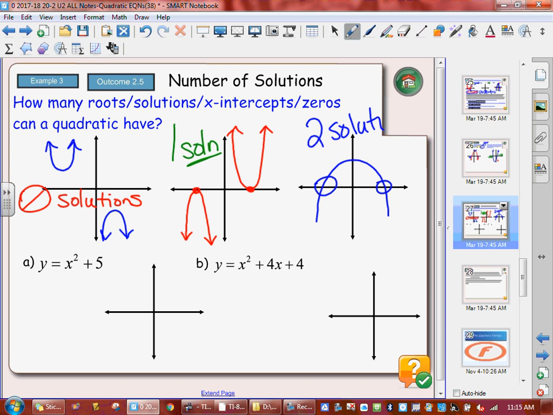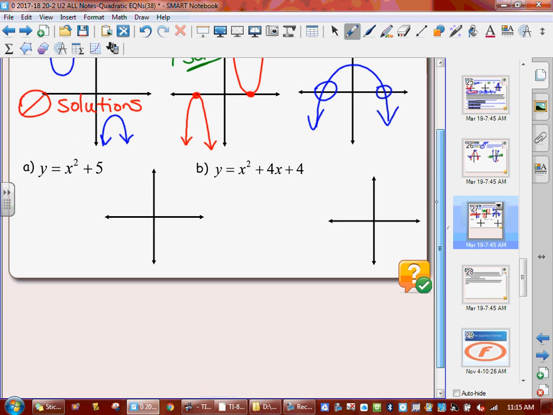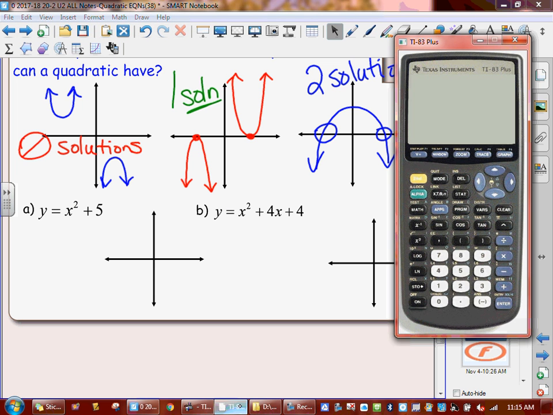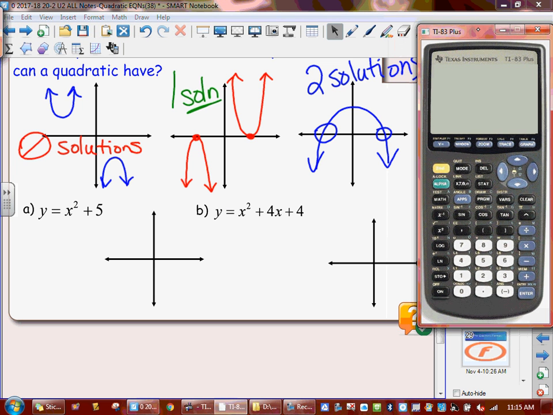So we're going to graph A and B, and see how many solutions they have. All we're checking is how many times it touches the x-axis. So we grab our calculator and type in the first equation. Get your y equals, and type in the first one, x squared plus 5.